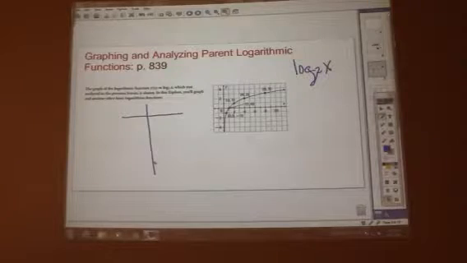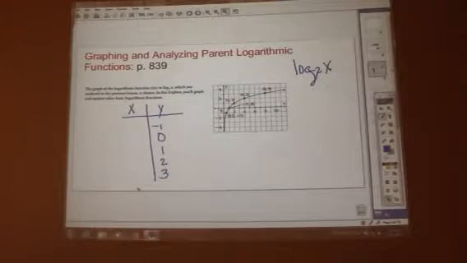So what they've done is they graphed it for you. But this is how they got those numbers. They gave you the y values: -1, 0, 1, 2, and 3.